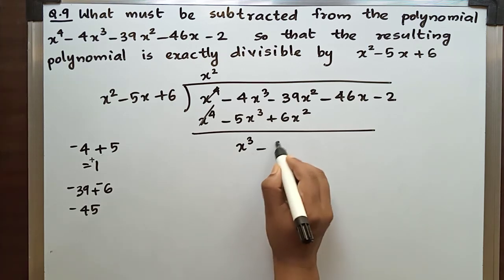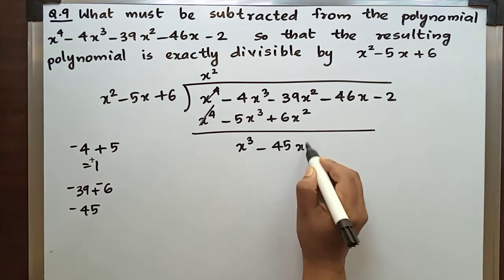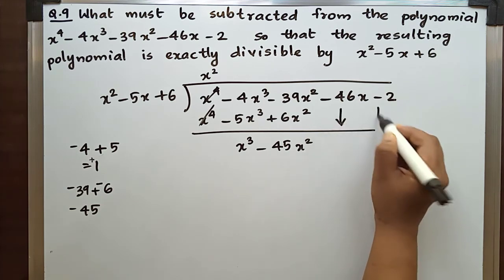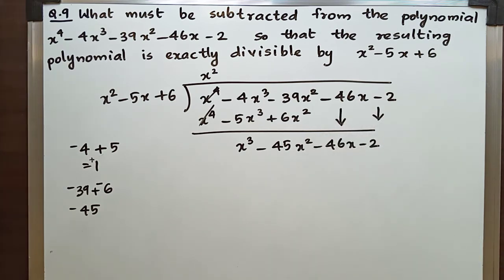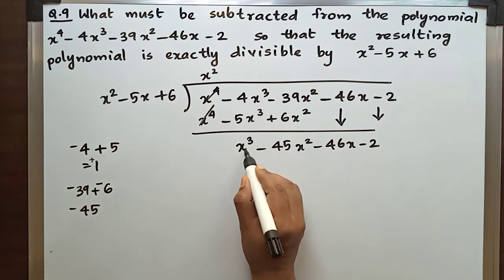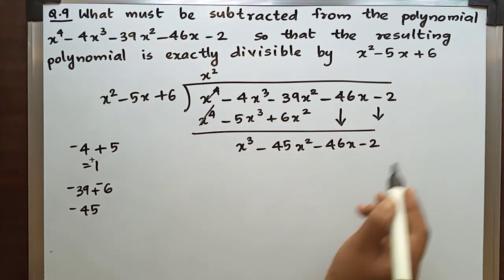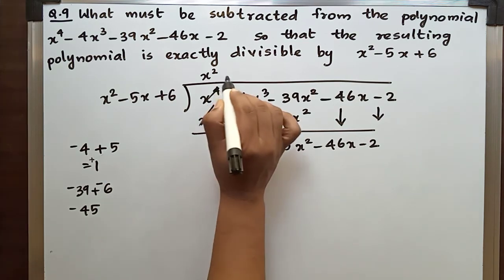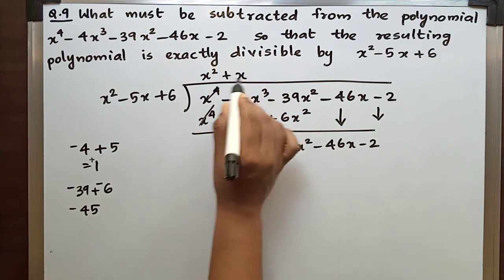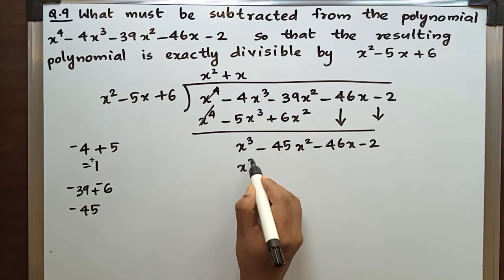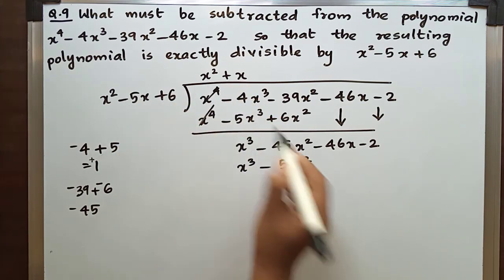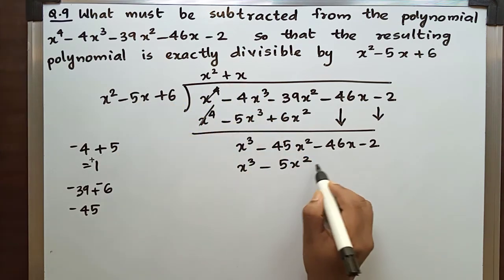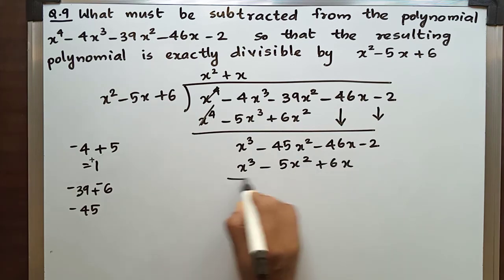So here we have minus 45x square, and the rest of the terms we are writing here, minus 46x and minus 2. Here we have x cube and here we have x square, so we have to multiply by x. X into x square, x cube, x into minus 5x square, x into 6, plus 6x.